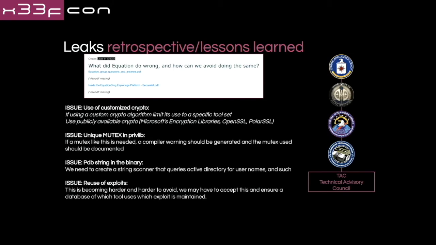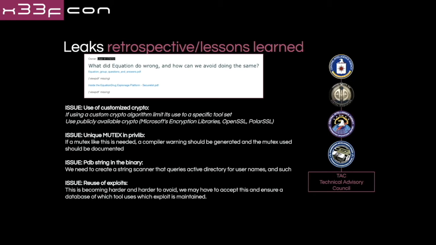In there we read a few different things. For example, one of the identified issues was that they were using a customized crypto that was allowing Kaspersky Labs to easily detect them through different tooling that they were deploying. And the proposed solution from TAC was to use available crypto like Microsoft's libraries, OpenSSL, PolarSSL, and so on.